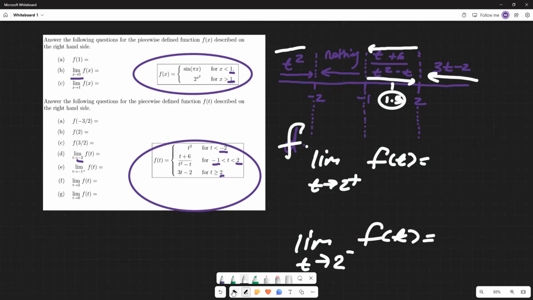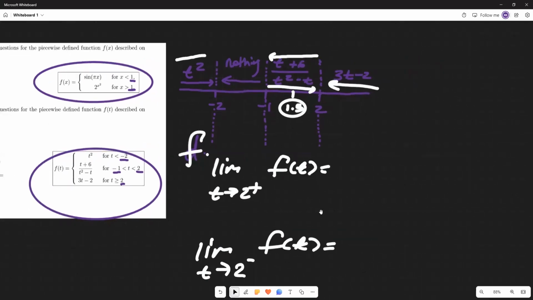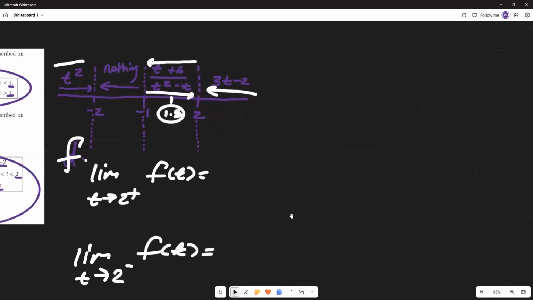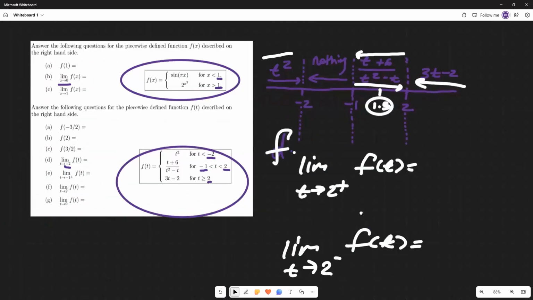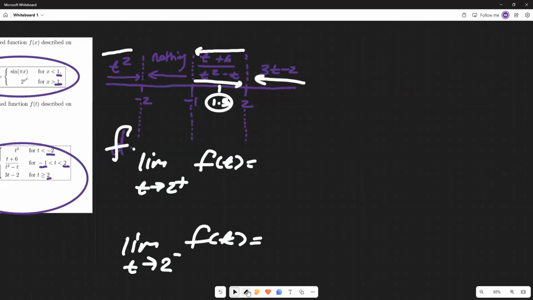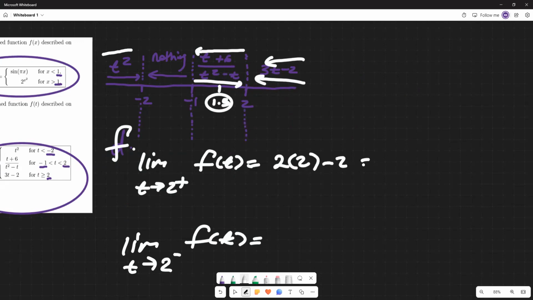So we need 2 from the right. We need to substitute on this one, so it's going to be 2, 2 minus 2.